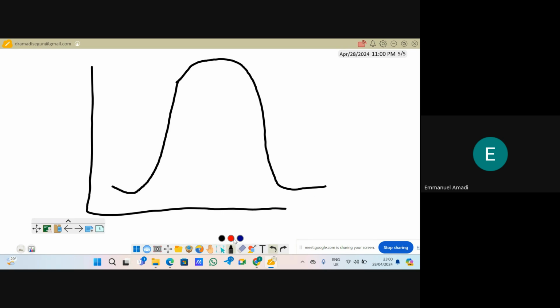Now, this red one moved like this. Now, this red line, let me just add something more.